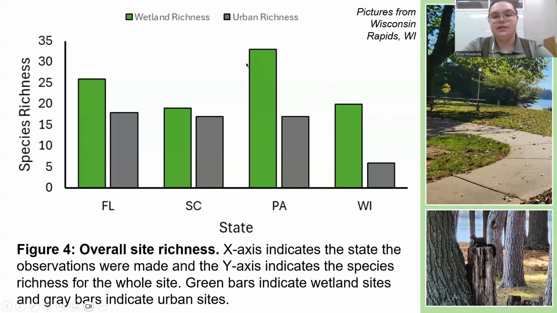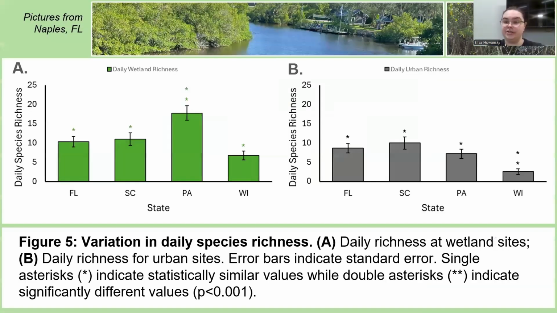The interesting thing to note is that Pennsylvania had the highest overall site species richness of all of our sites, and Hayley will be able to give you some insight into why that might be, but this was certainly not expected. The more interesting graphs are the ones with daily species richness, where we were able to perform our statistical analyses.